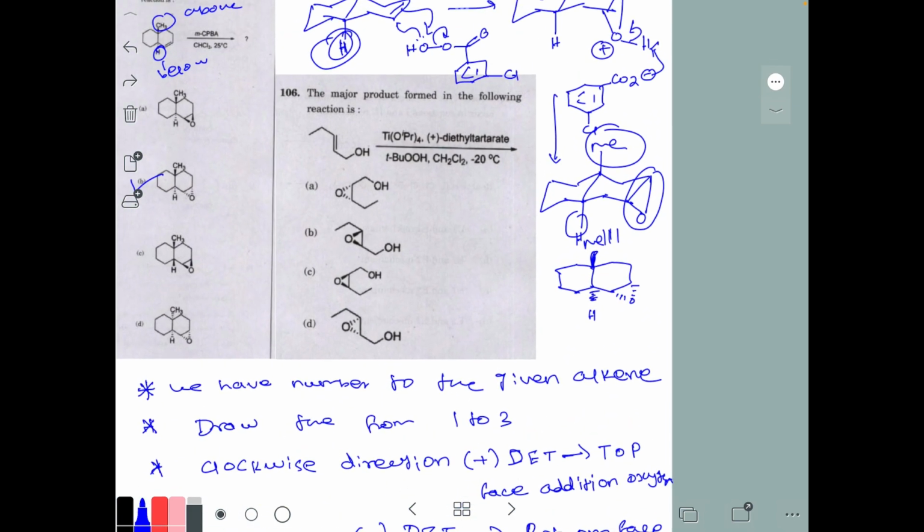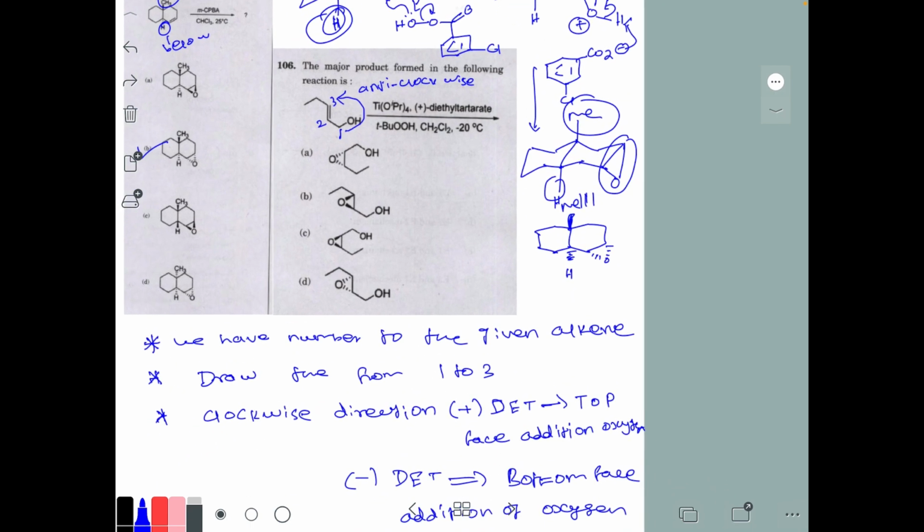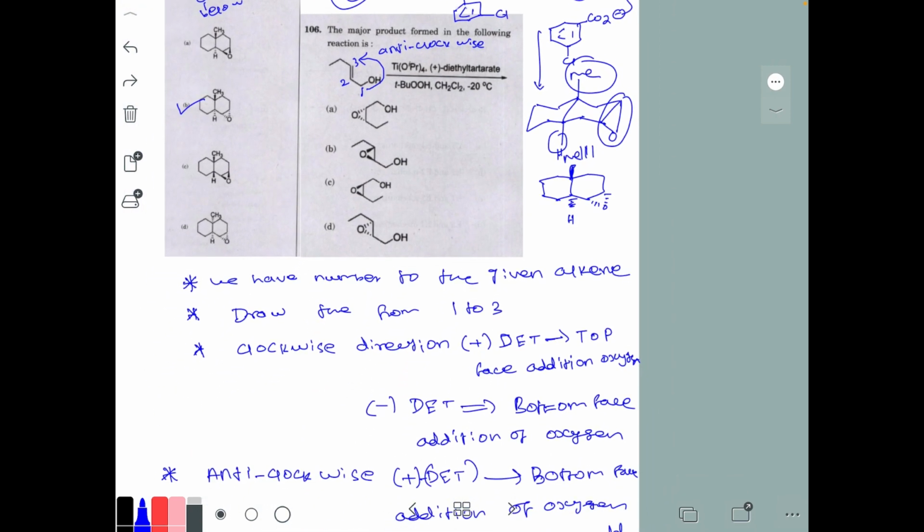So now I am giving numbering according to the atomic number priority. This carbon is attached with the oxygen of the given allyl alcohol, so I am giving 1 here. This one is second, this one is 3. So I am drawing the arrow from 1 to 3, anti-clockwise. Okay, so 1 to 3, and they have given plus diethyl tartrate.